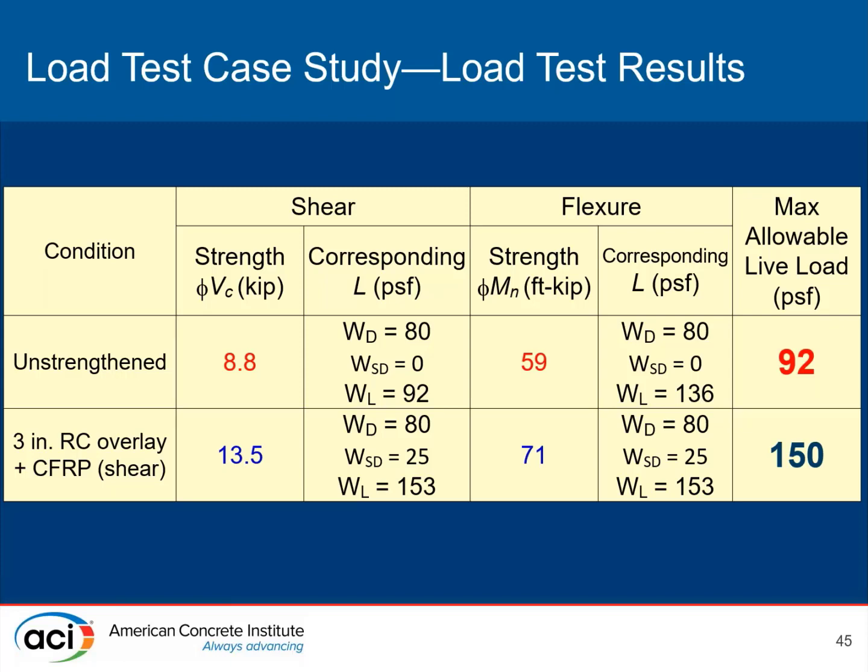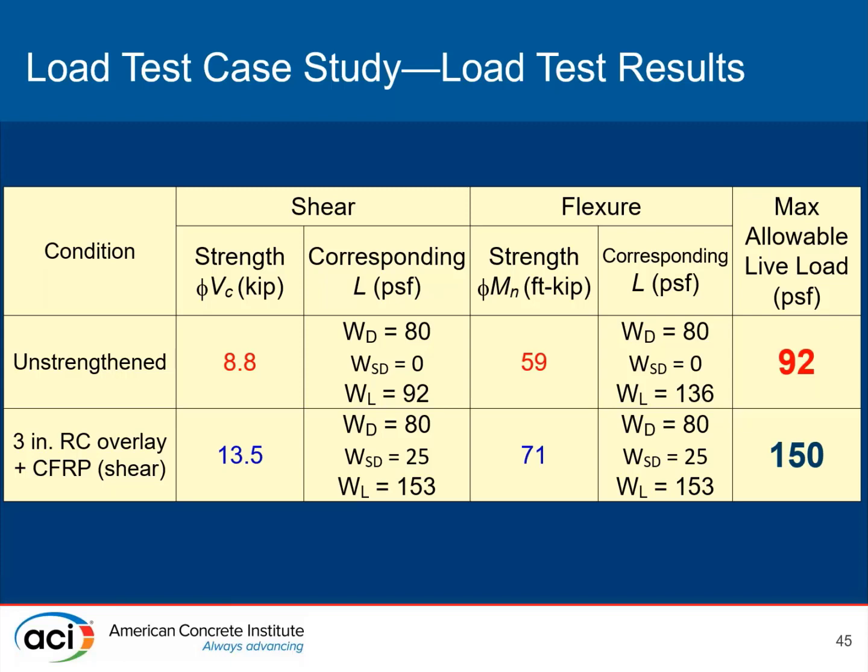With the 3-inch reinforced concrete overlay and the carbon fiber reinforced polymers, you can see that the shear capacity was significantly increased, to a degree that allowed, even with the additional sustained dead load, 153 pounds per square foot live load.